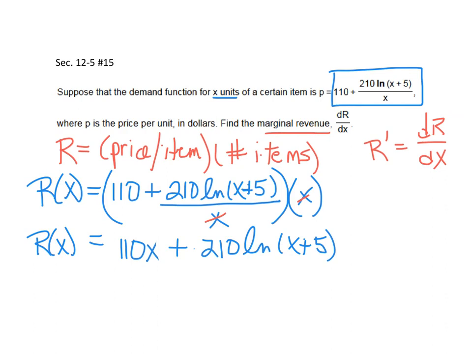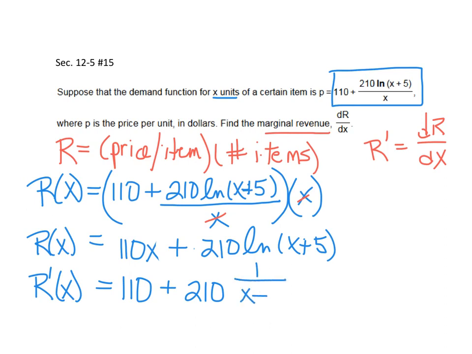And we need R prime of x, or dR dx. And we're going to do this term by term, so R prime of x is going to be 110, the x will drop out on the first term, plus 210 times the derivative of ln, which is 1 over x plus 5, times the derivative of x plus 5, which is 1.